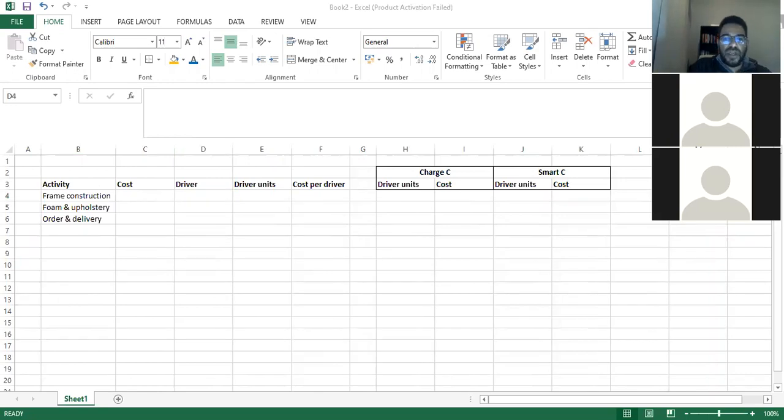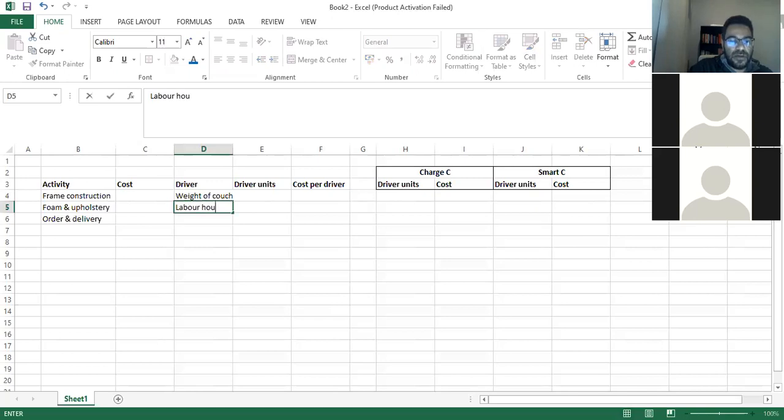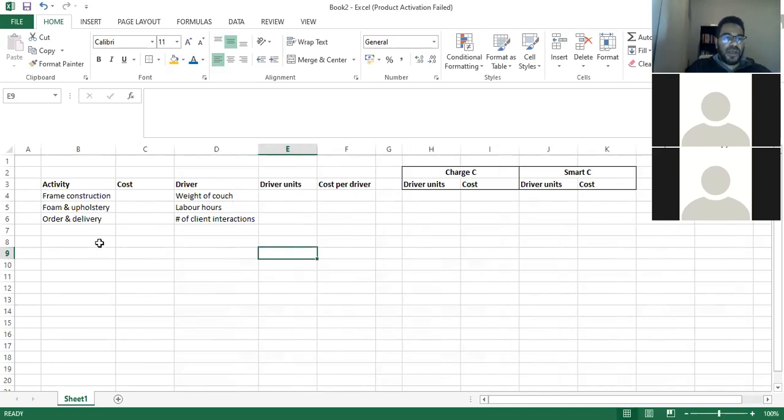Our driver was weight of couch, labor hours, and number of client interactions. Okay, like I said, this column not required.